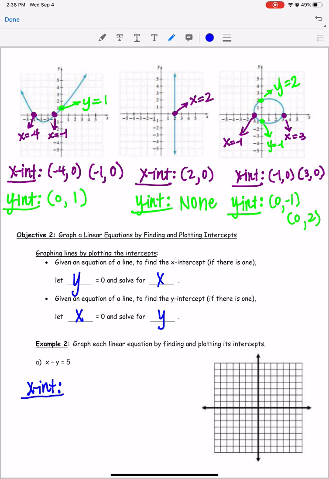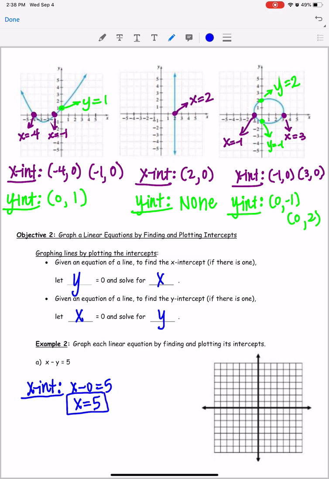So, in place of this y, we're putting a 0. So I've got x minus 0 equals 5. Well, x minus 0 is just x, right? If you have 10 minus 0, that's 10. That's your original thing right there. So you got x equals 5. So that is my x-intercept.